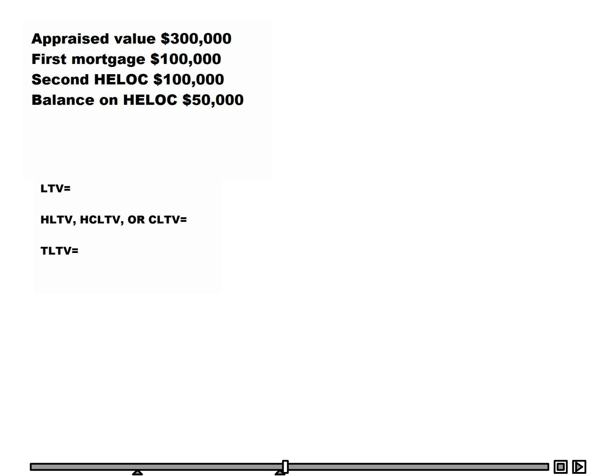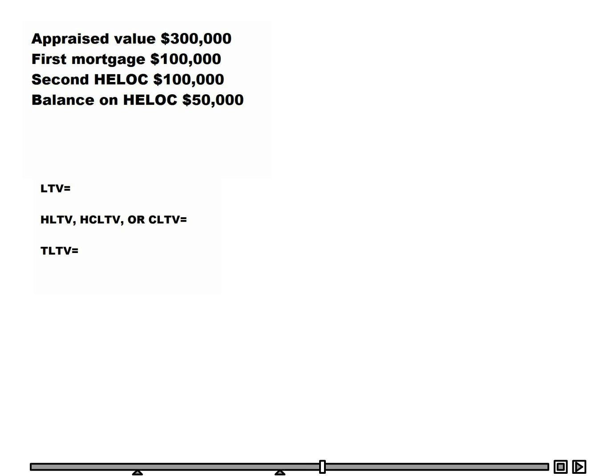One last loan-to-value example. In this problem, we're going to introduce the terms TLTV, which stands for total loan-to-value, HLTV, and HCLTV, which stands for HELOC loan-to-value, or HELOC combined loan-to-value. Now, loan-to-value, again, is always going to be calculated in the same way. Loan-to-value is always going to be the first mortgage divided by the lower of the appraised value or purchase price.